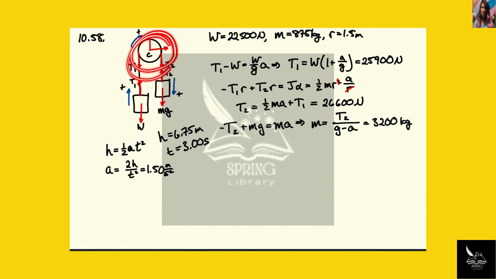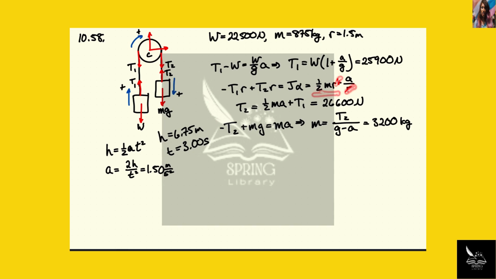Now we look at the pulley here. We have minus T1 R from the moment, since T1 is in the negative direction, plus T2 R equals J alpha. If we have no slip, then alpha equals a over R. If this is a uniform circular disk, then J is 1/2 m R squared.